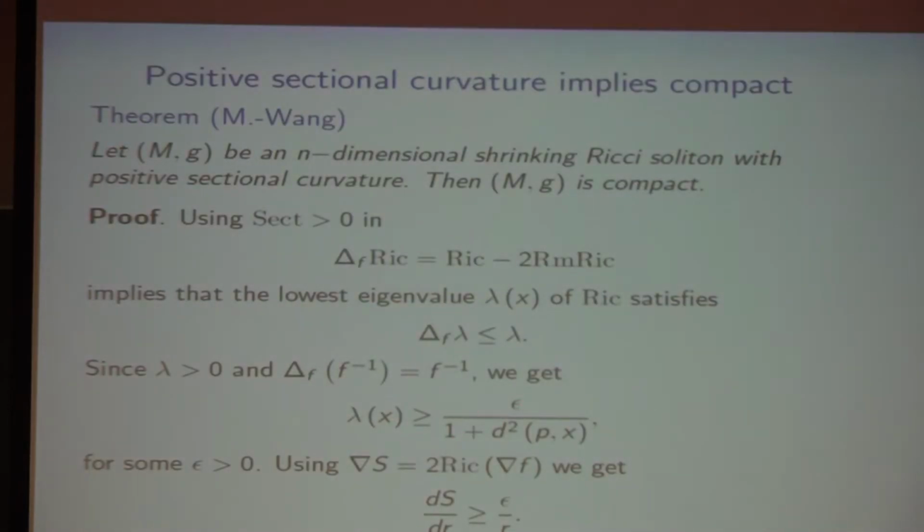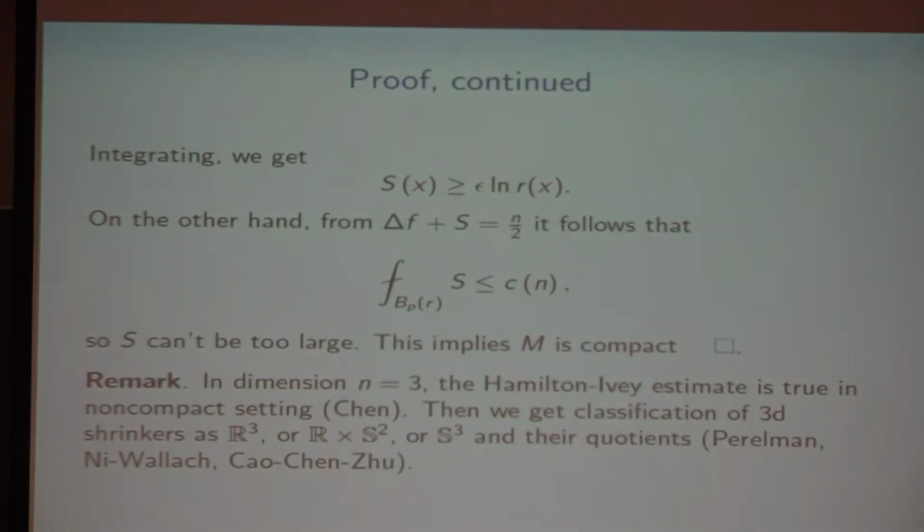Once you know this, because the gradient of scalar curvature is given by the Ricci curvature in this direction, you essentially get the derivative of scalar to be bounded below. So it's a small bound, but if you integrate that in distance, scalar becomes huge. It becomes unbounded. That's all we need.